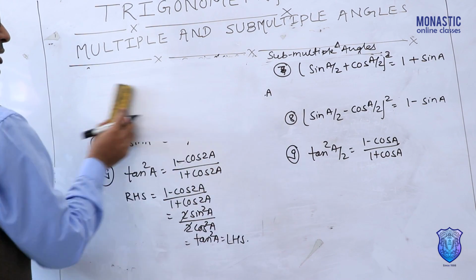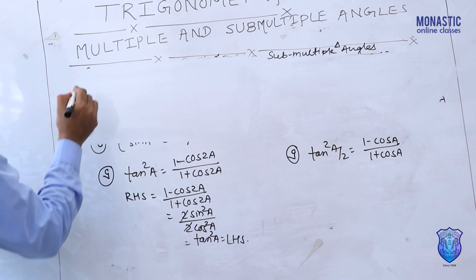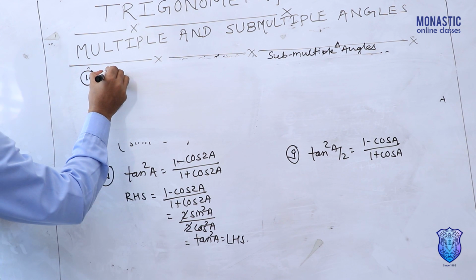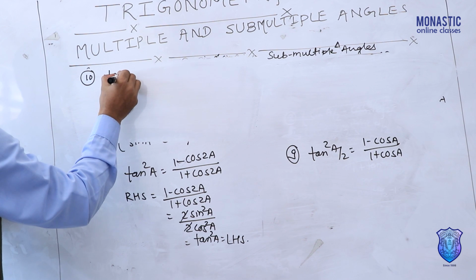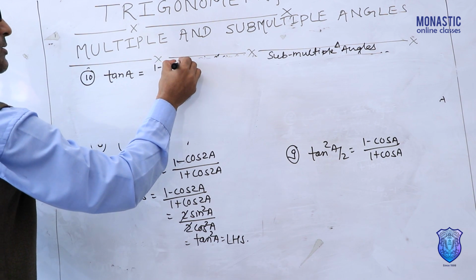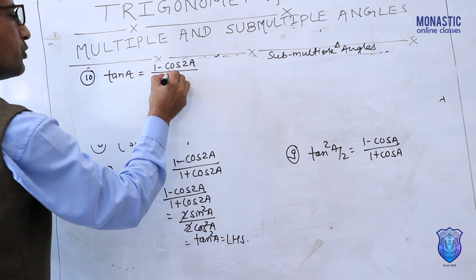These are the formulas which we got after simplifying the earlier formulas which we have completed. Like one of the formulas: tan A equals 1 minus cos 2A by sine 2A.